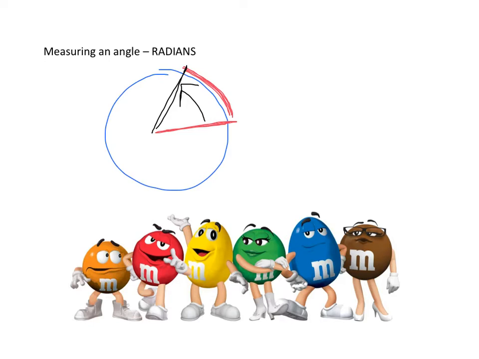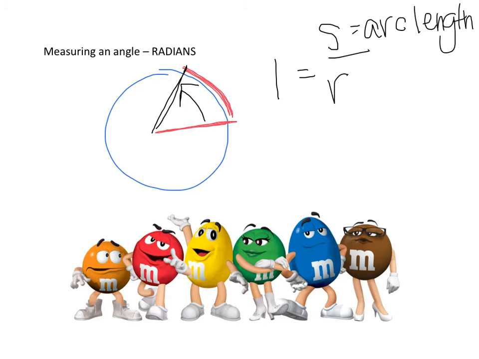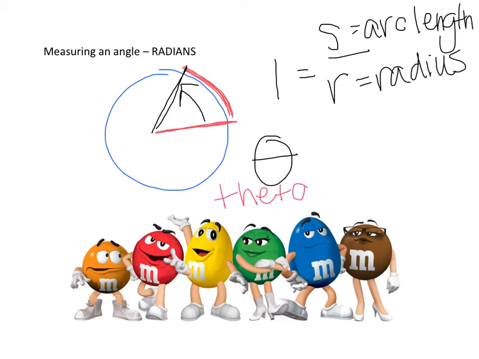So our angle, which was 1 radian, equaled our arc length, which we called S, over R, which is the radius. So in general terms, your angle, we always use the Greek letter theta to denote angles. So theta equals S over R.